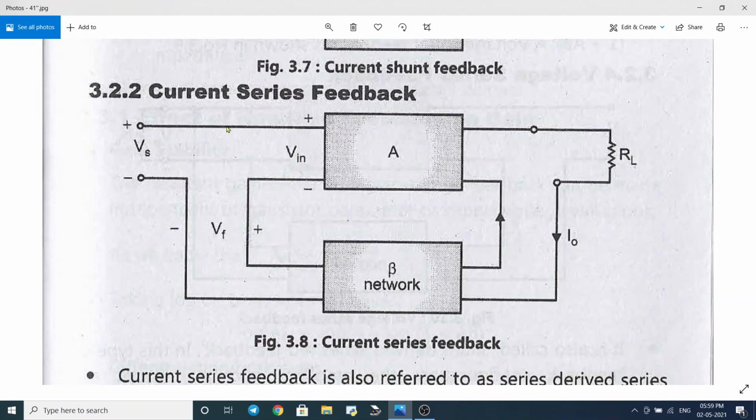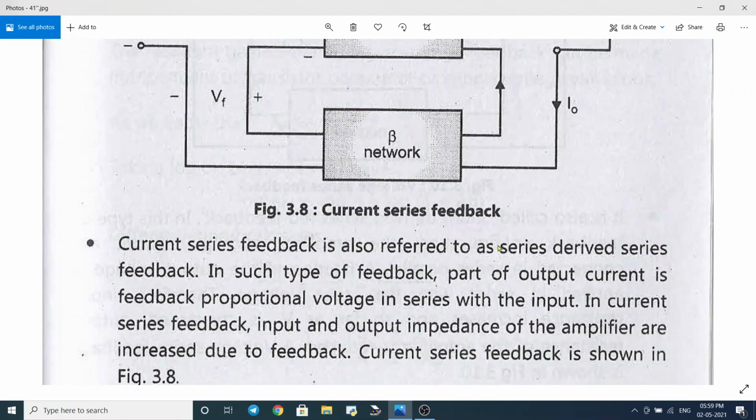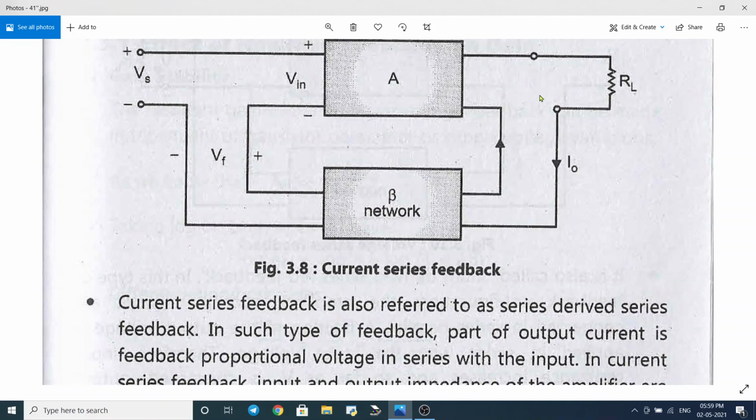Similarly, current series feedback. This is a current feedback and here it is series injection. So this type of feedback is referred to as series derived series feedback. It is derived in a series manner and it is injected in a series manner.